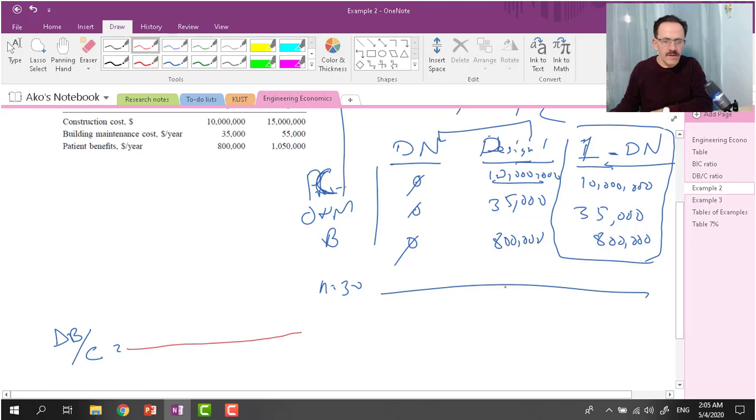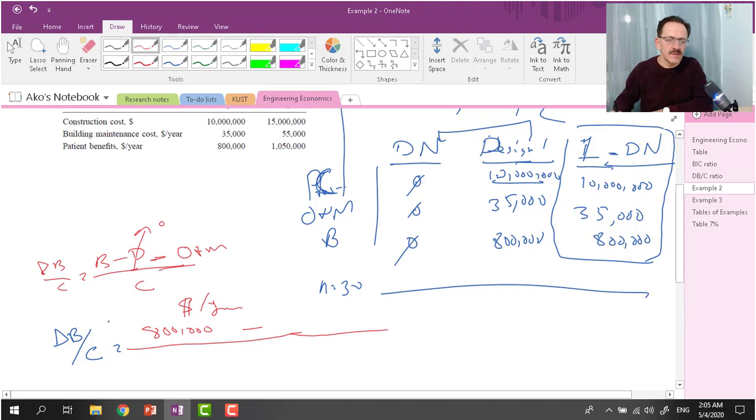We have all the benefits, only equal to $800,000 per year, correct? Now, because we said B over C, it means the benefit minus the operation and maintenance cost divided by C. Here it's 0. Benefits is $800,000 per year minus the operation cost, which is 35.